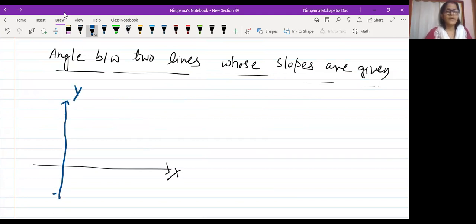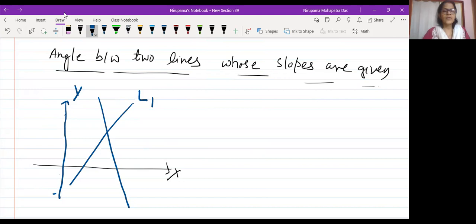Now I'm taking here two lines. Suppose this line is L1 and this line is L2. L1 has inclination theta 1.